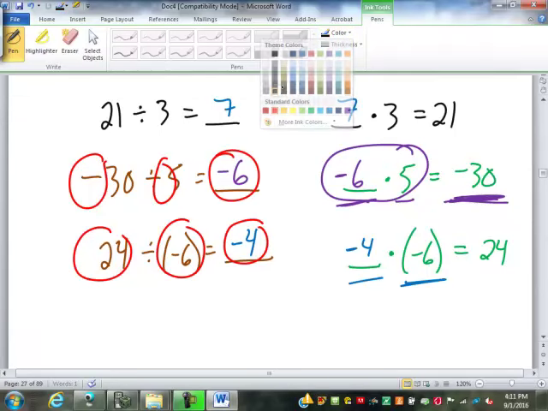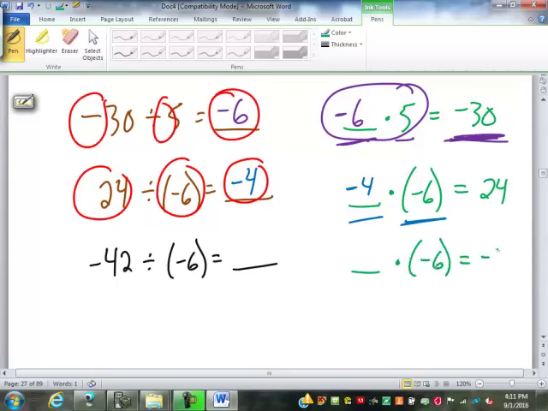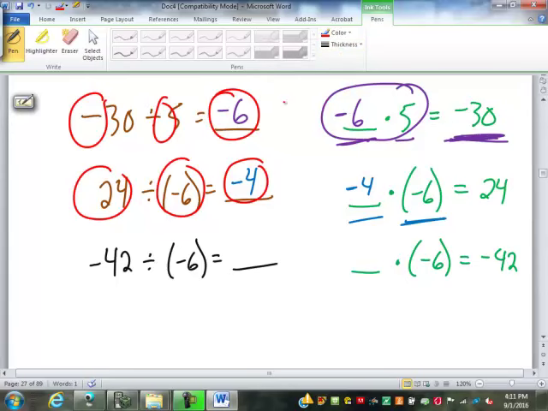Let's see if this continues for two negatives. If I have a negative 42 divided by a negative 6, well, that is asking what number times negative 6 equals negative 42. So again, thinking back to multiplication. If the result of multiplication is negative, that means we must have inputs that are one positive and one negative.